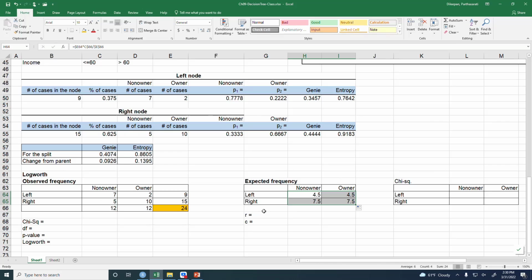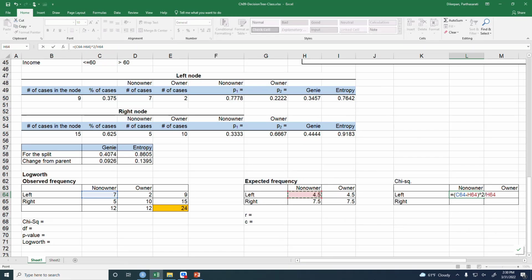the expected values, and from this we compute the chi-squared value. The formula for chi-squared is the actual or observed value minus the expected value, you square that and divide by the expected value.